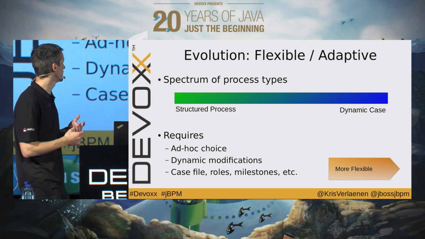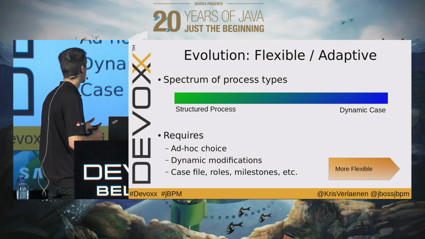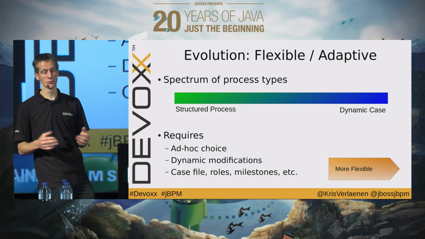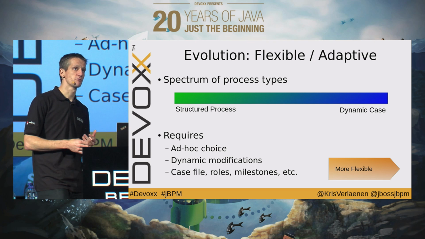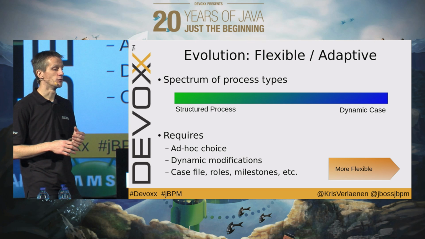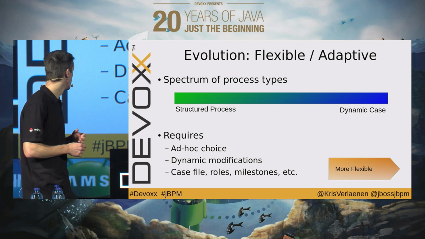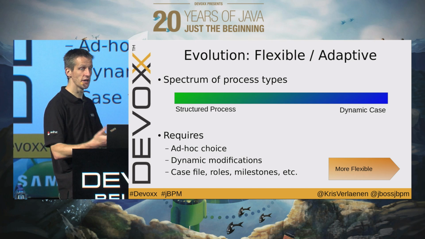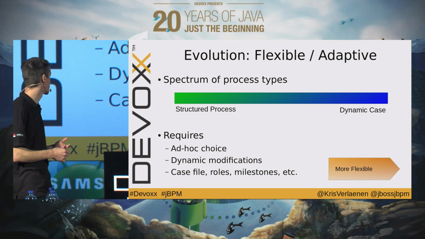And there's also, in these cases, a lot of need for more advanced concepts that aren't available in, for example, the BPMN 2 standard for defining processes. There's concepts missing that are absolutely necessary to model and execute these more advanced cases. For example, the concept of a case file where you can just drop data in and collect data for a certain case.